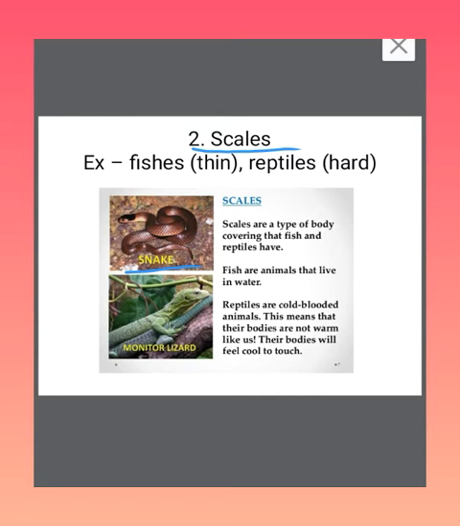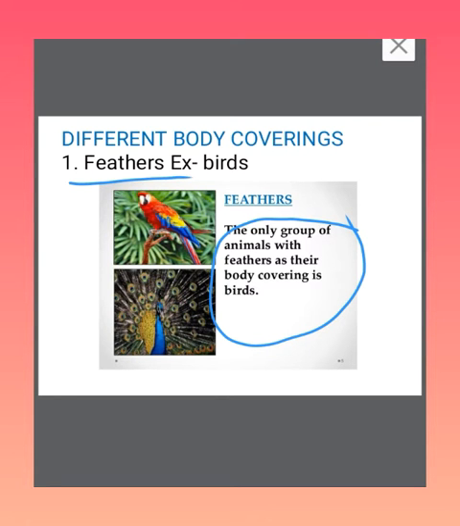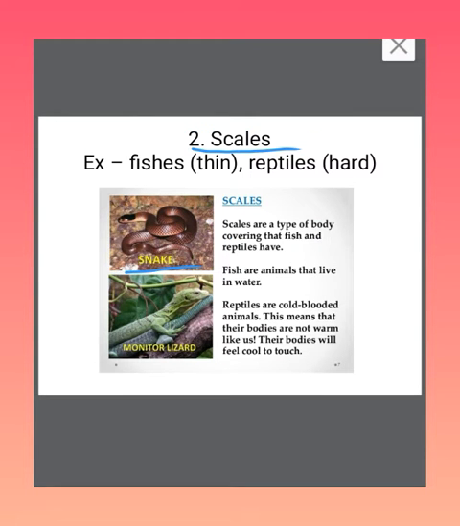Secondly, we also see scales in lizards, and thirdly in fishes. So scales are a type of body covering that fish and reptiles have. First we studied feathers, which is one type of body covering. Then the second type is scales, which is also a body covering.